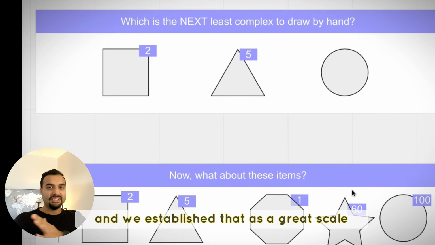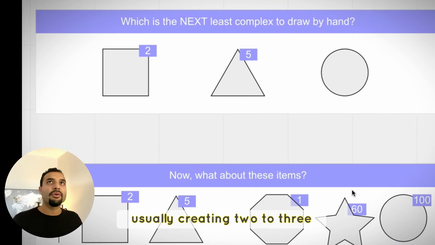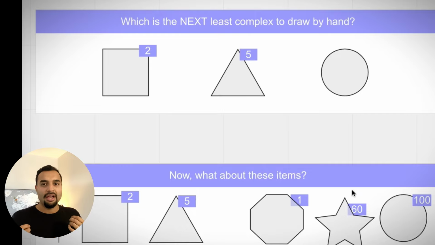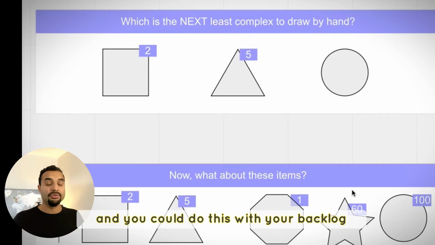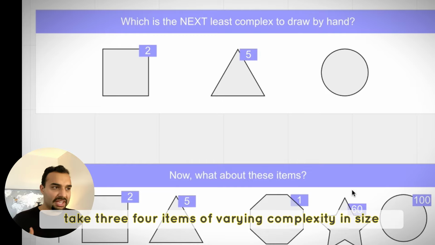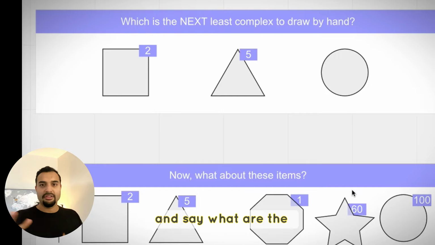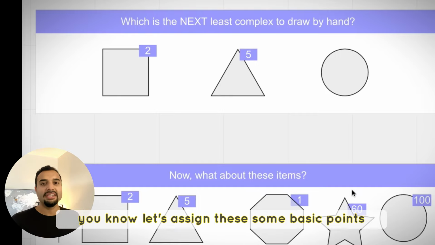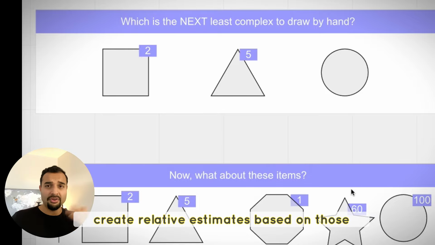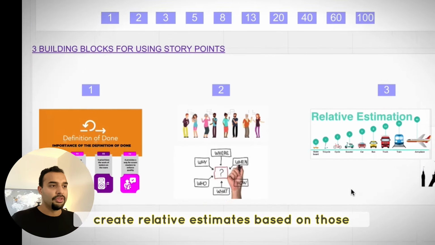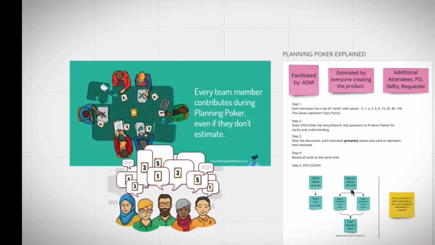We established that as a great scale. Usually creating 2 to 3 baseline units is really useful. You could do this with your backlog: take 3-4 items of varying complexity and size, assign them some basic points, and then start to compare and create relative estimates based on those for every item we talk about.